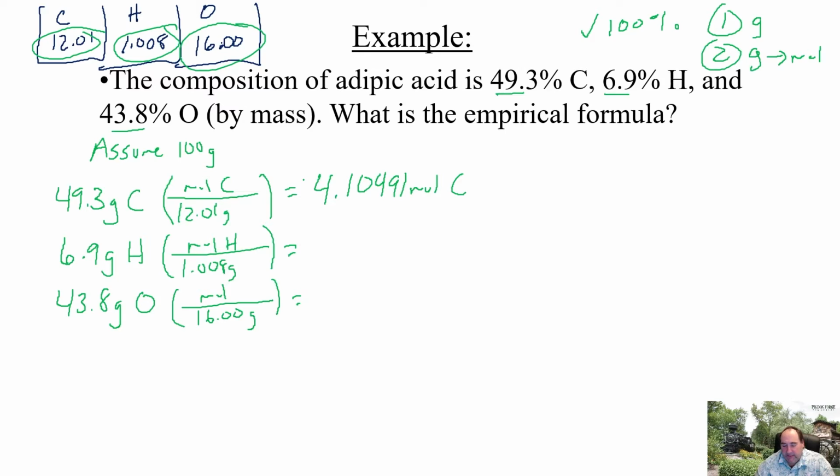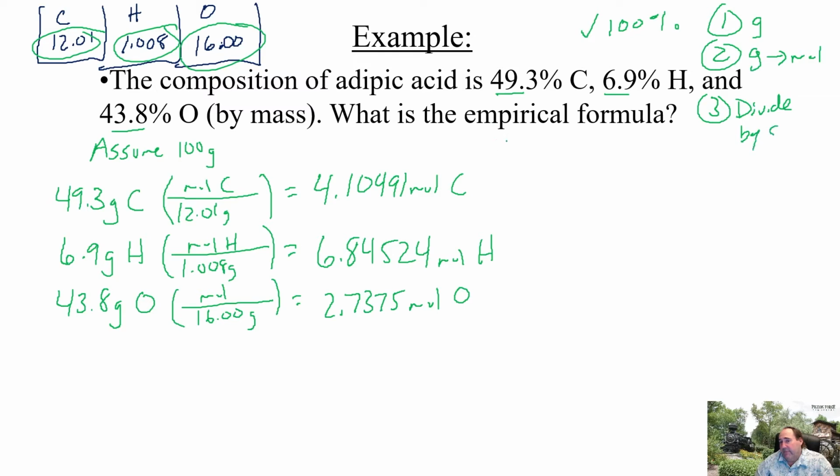Going to take it to a few digits here, not do a lot of rounding. 1.008 there, so 6.9 divided by 1.008, going to give us 6.84524 moles of hydrogen. 43.8 divided by 16, 2.7375 moles of oxygen.